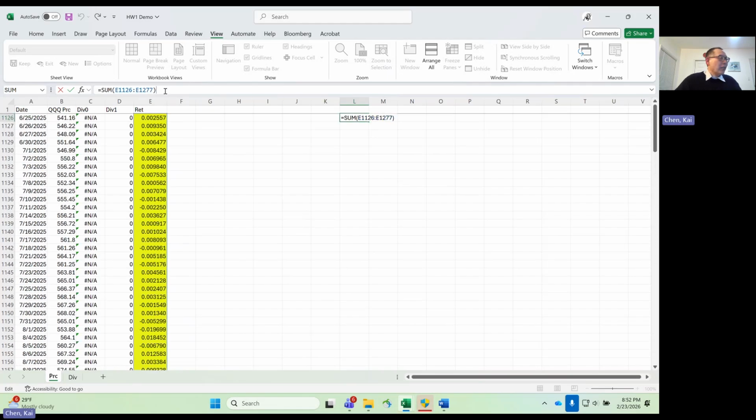And after this, we divide by the number of observations. The number of observations is 1277 minus 1125, right? 1125. Then we get the arithmetic average daily return.